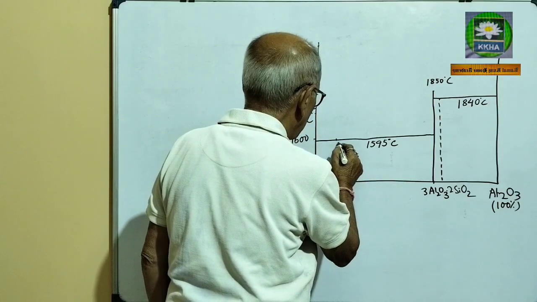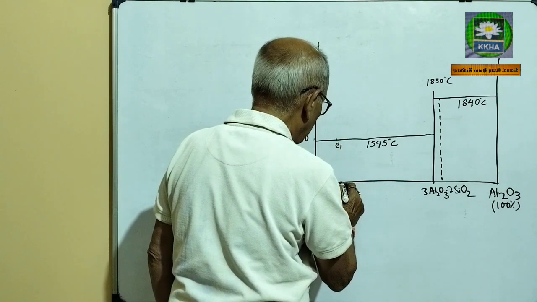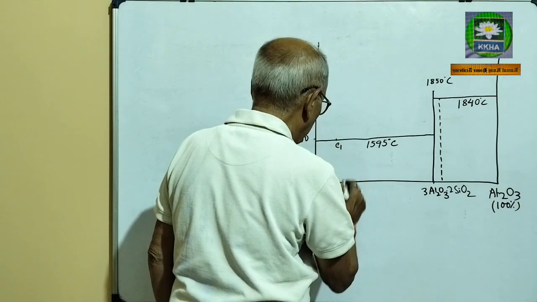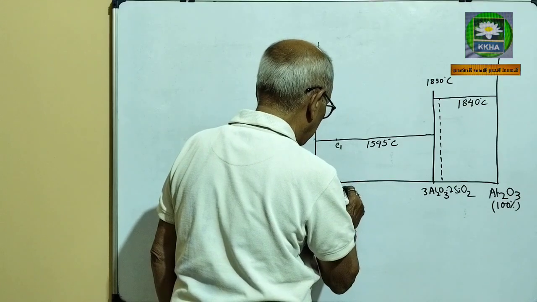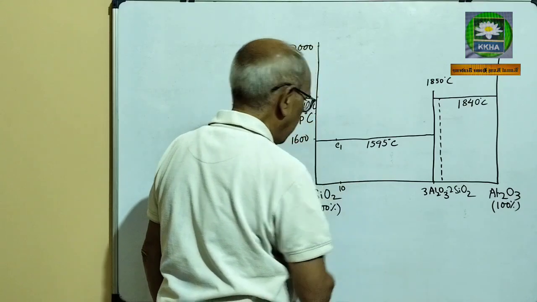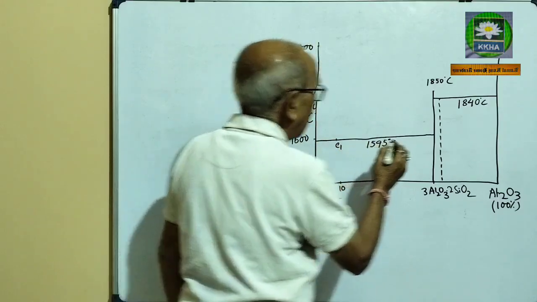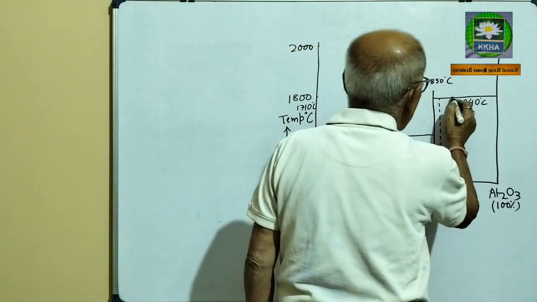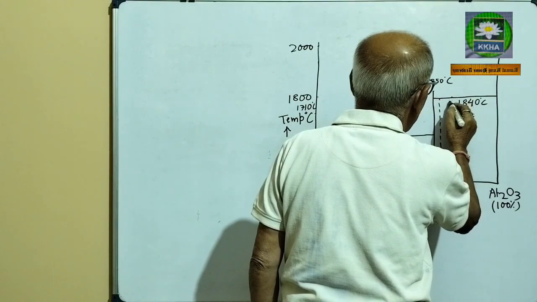Number one, E1, at about 10% alumina. First eutectic and second eutectic here forms at 77.6% alumina, E2.